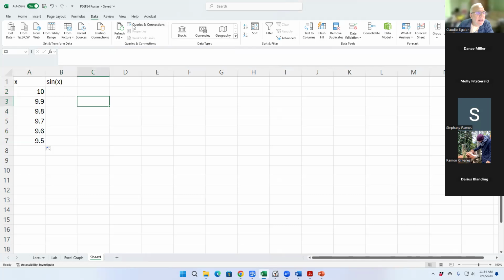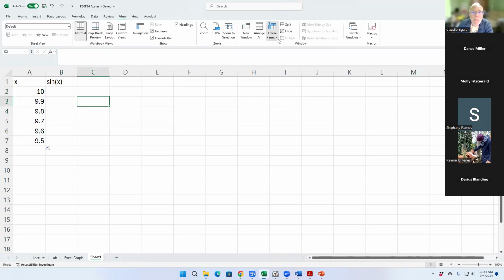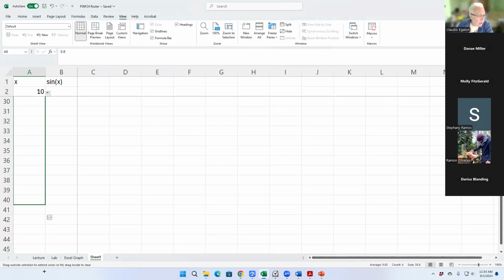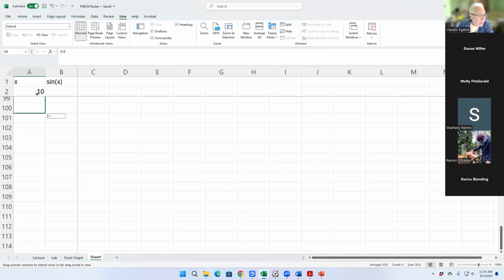Have you ever seen something like that before? I can do that with freeze panes. There will be a total of 100 data points in my table. And what am I doing here? I am making my numbers go to 0.